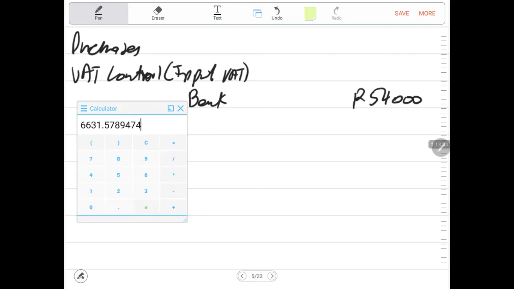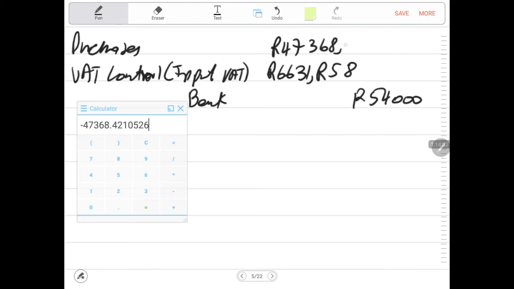We get the amount of the input VAT as 6,631 Rand 58 cents. Then 54,000 minus 6,631.58, we get 47,368 Rand 42 cents.